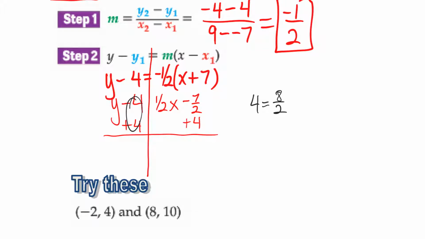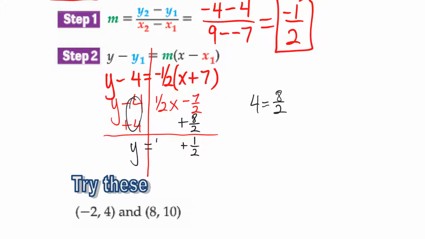And the reason I'm doing that is I want this denominator to match this denominator. Then you add them, right? So now I'm going to erase this 4 right here and put plus 8 halves in its place. So if you have negative 7 halves plus 8 halves, it's going to give you just a positive 1/2.